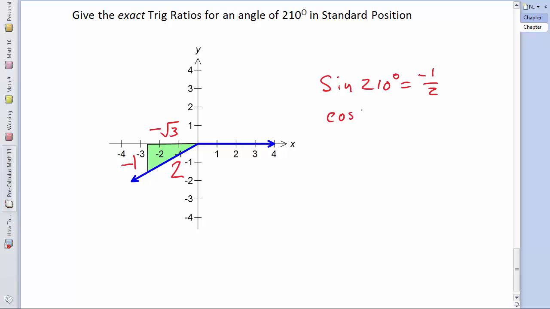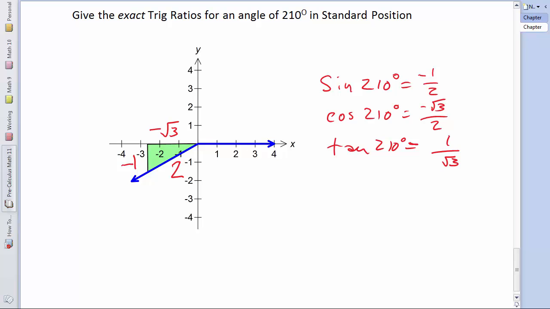The cos of 210 is negative root 3 over 2. And the tangent of 210 is -1 over negative root 3, which is really just positive 1 over root 3. Double check with your calculator if you like.